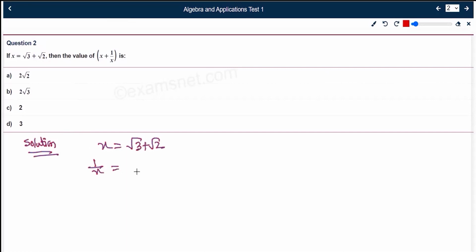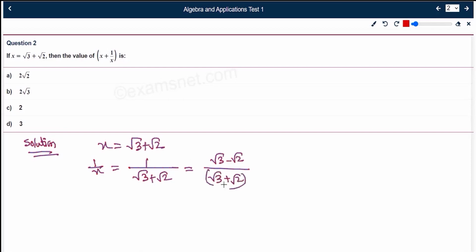In order to do that, we have 1 by √3 plus √2. Since √3 plus √2 is an irrational expression, we would like to rationalize it by multiplying by its conjugate, that is √3 minus √2. We would multiply both numerator and denominator by √3 minus √2.